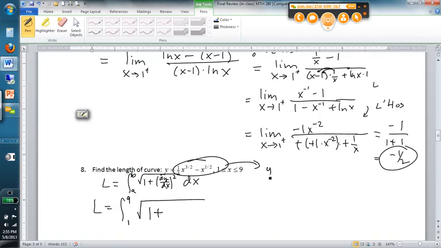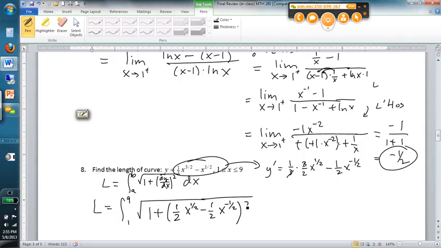The derivative of that would be 1/3 times 3/2 x to the 1/2 minus 1/2 x to the minus 1/2, or 1/2 x to the 1/2 minus 1/2 x to the minus 1/2.